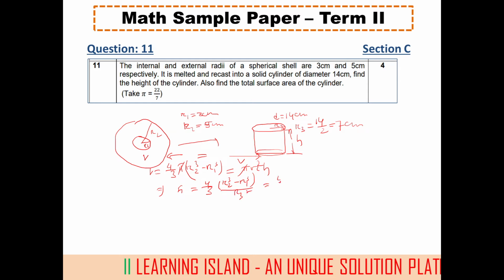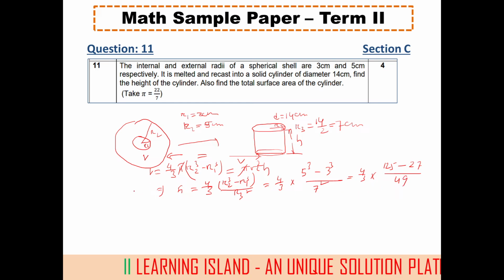If I put the values here, 4 by 3 into (5 cube minus 3 cube) by 7 square, that is 4 by 3 into (125 minus 27) by 49. On simplification you will get the result.